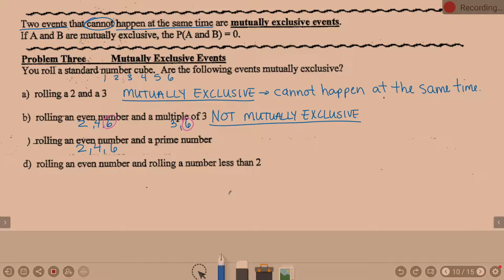What numbers are prime numbers between 1 and 6? 1, 2, 3, 5. I'll take part of those. 3 and 5 are the obvious primes because they are 1 times 3 and 1 times 5, and they're odd numbers, so that's what we think of. 2 is even, but it's prime, isn't it? It's the only even prime number, 1 times 2.